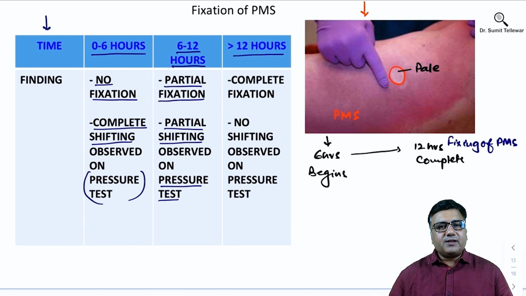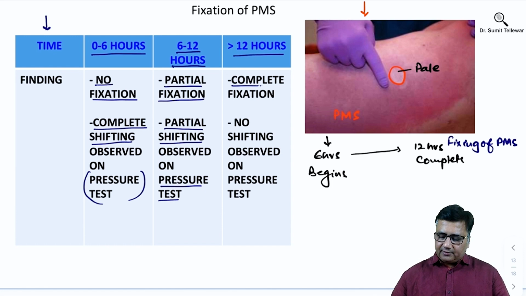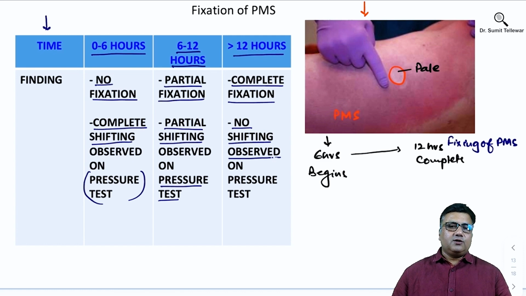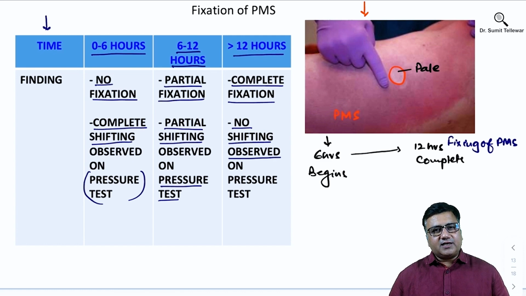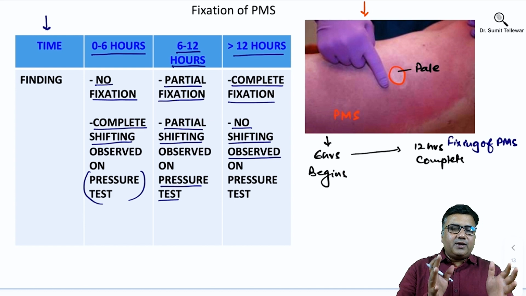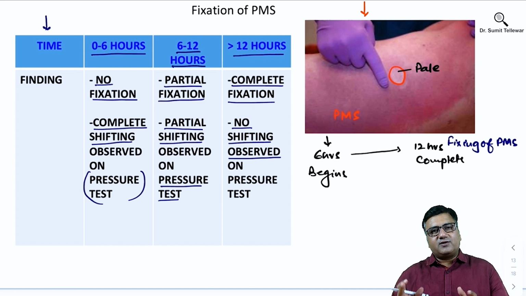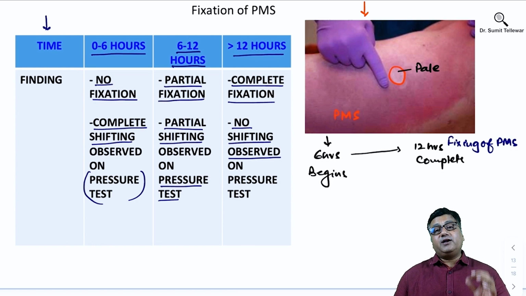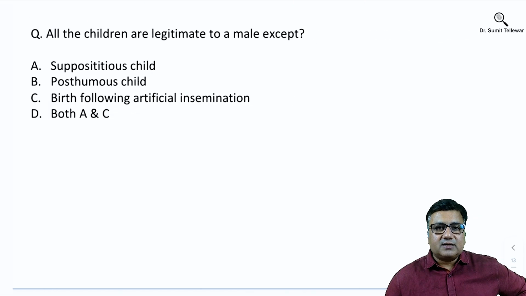The PMS fixation should be complete, so there should be no shifting observed on pressure test. So depending upon whether you observe shifting after the pressure test, we can say whether the body has died between 0 to 6 hours, or 6 to 12 hours, or more than 12 hours. That is how PMS can help in determination of time since death.